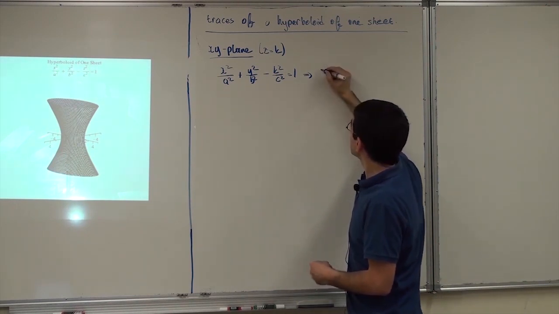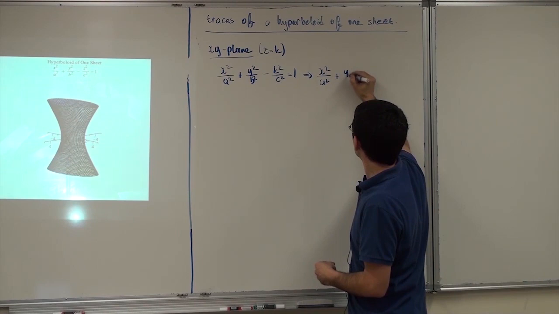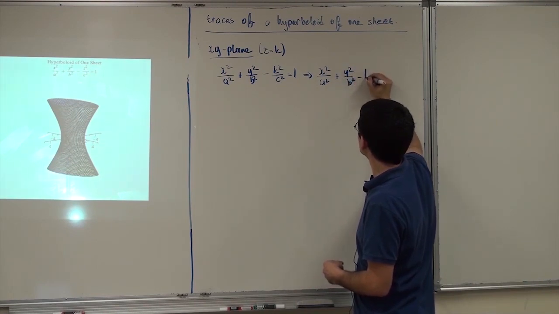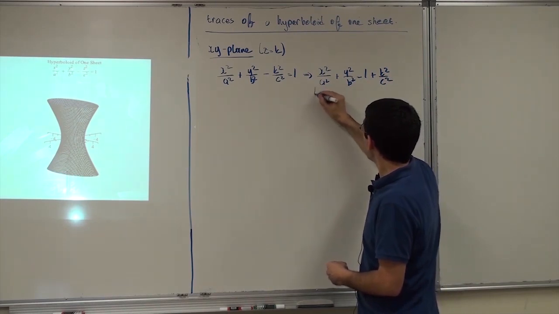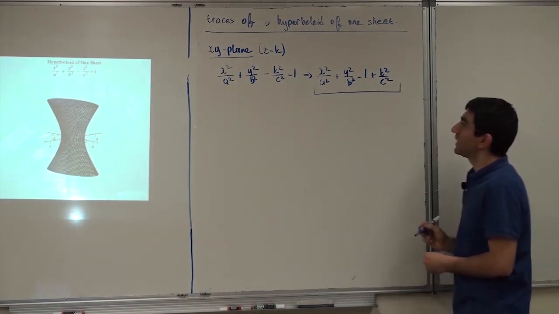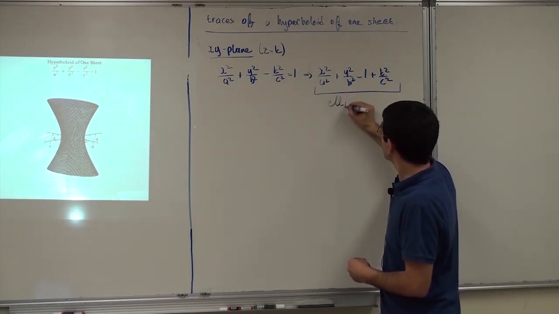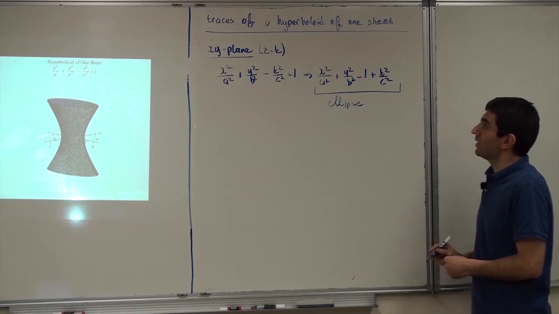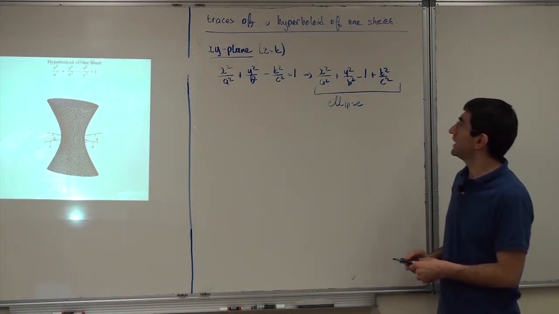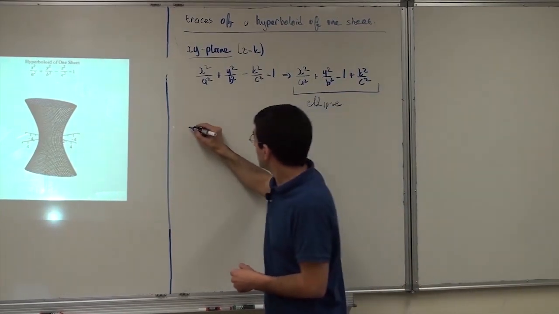Now, by rewriting this, I'm going to have x squared over a squared plus y squared over b squared equal to 1 plus k squared over c squared. And whatever the value of k is, this is always going to represent an ellipse. So, the traces on the plane z equals k are ellipses.